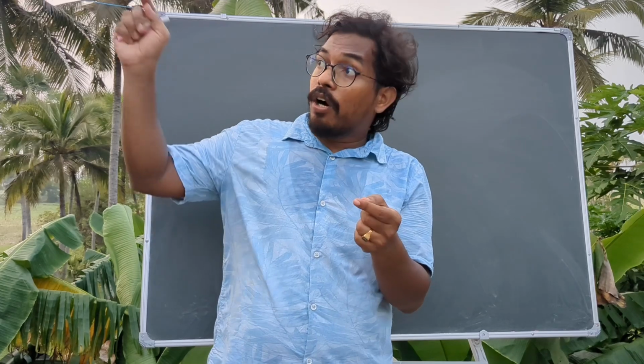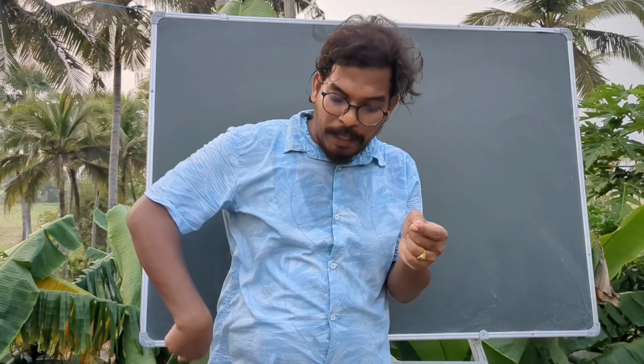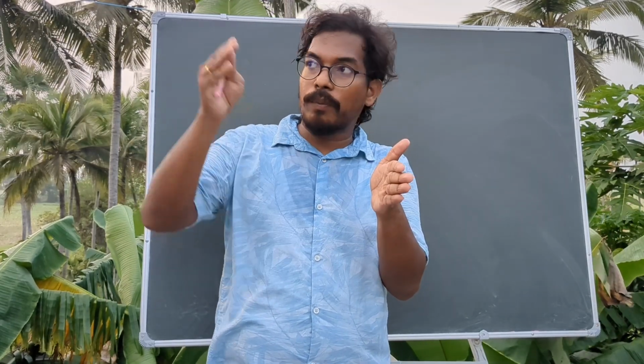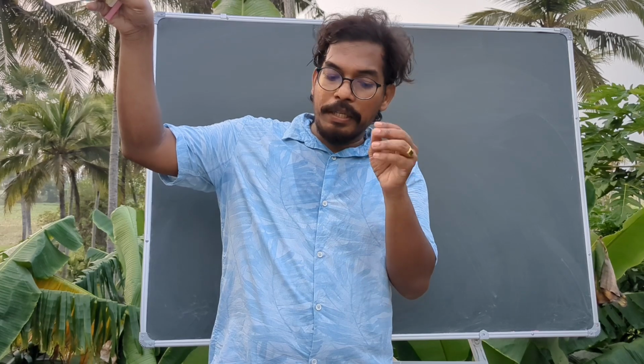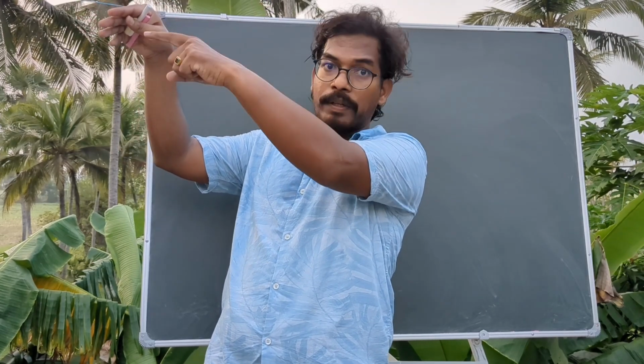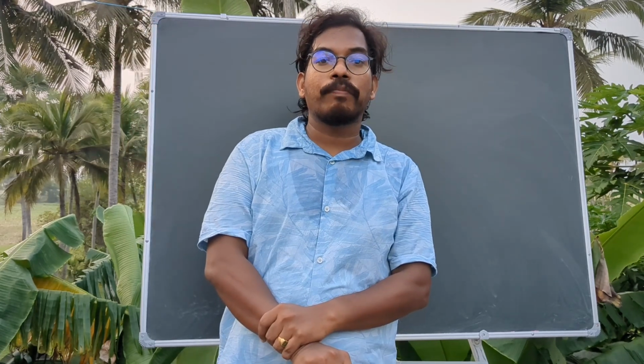Then under the operation of the group, it will satisfy all four group axioms. So a set will be a subgroup of one group if that set under the operation of the group is a group on its own. So that is a subgroup.